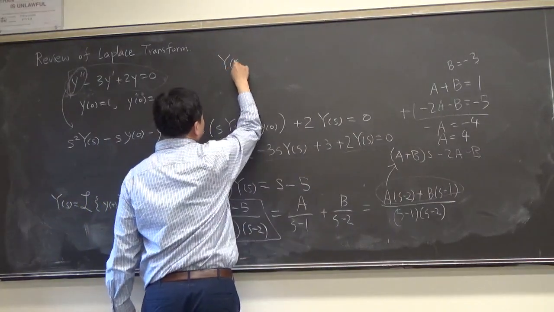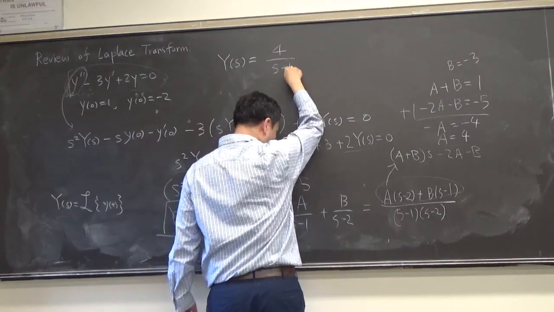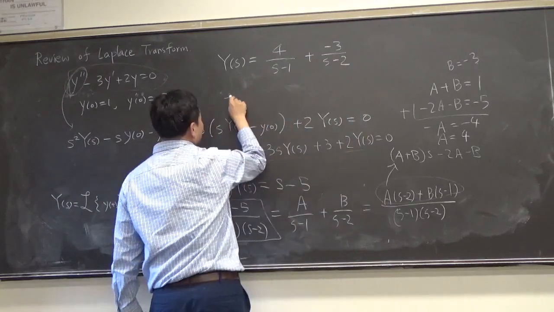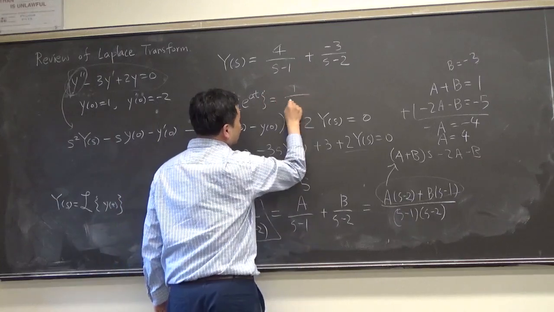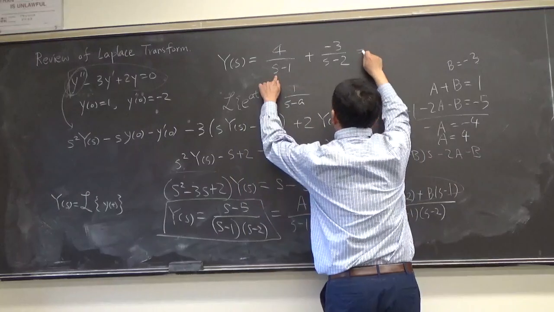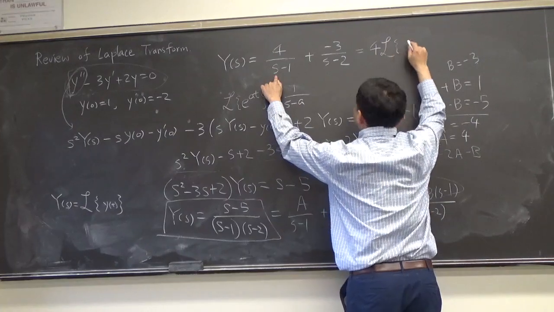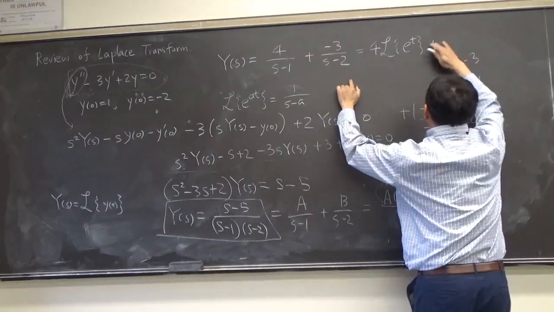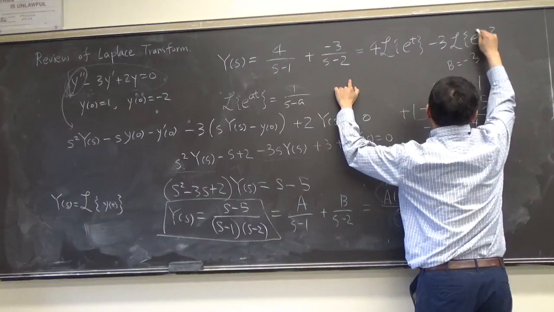However, we know that that's the same as saying Y of s is 4 over s minus 1 plus negative 3 over s minus 2. And I know that the Laplace transform of e to the at is 1 over s minus a. You can look at your Laplace table. So this is the Laplace transform of what? Well, it's 4 times the Laplace transform of e to the t, plus negative 3 times the Laplace transform of e to the 2t.